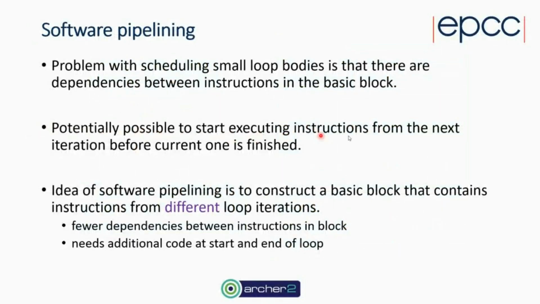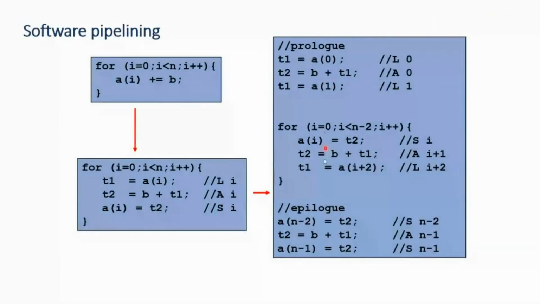So the idea is that it's possible to start executing instructions from the next loop iteration before the current one is finished. That means there are fewer dependencies between the instructions in a given block, which lets the compiler schedule instructions more freely, because it understands how to do that.